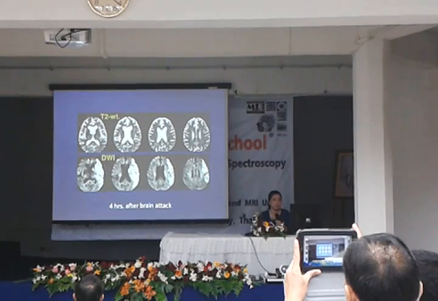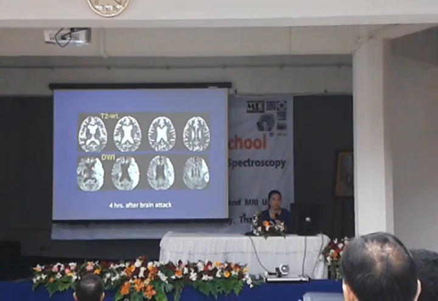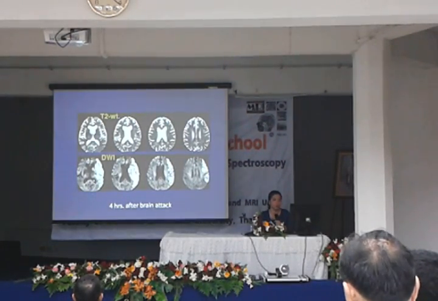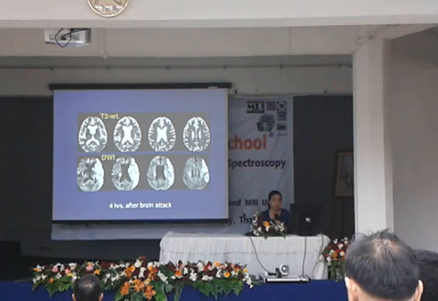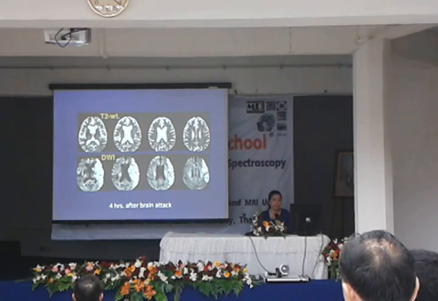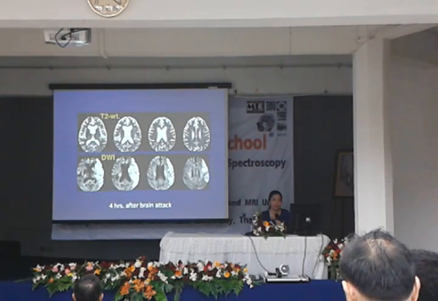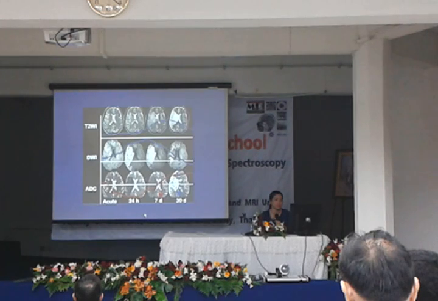In these images, in the T2-weighted image, the first row, we don't see anything abnormal. But in DWI, we can see the bright area here. That tells us this area of the brain lacks blood supply and is already dead, which can follow a brain attack.